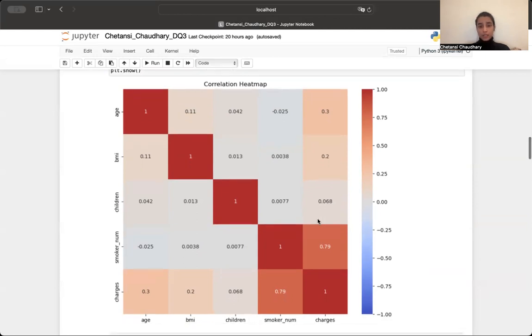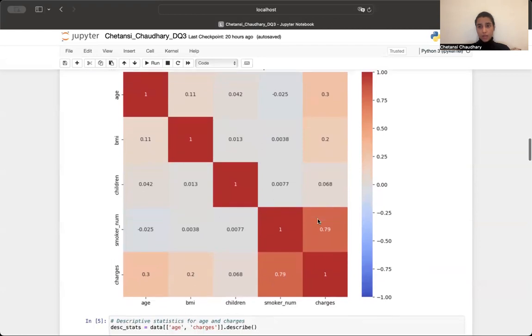I have also selected 2 variables on which I have done a part of descriptive and predictive analysis, that is age and charges, because I found that they are most positively correlated among all the variables, though smoker_num and charges are more closely correlated.